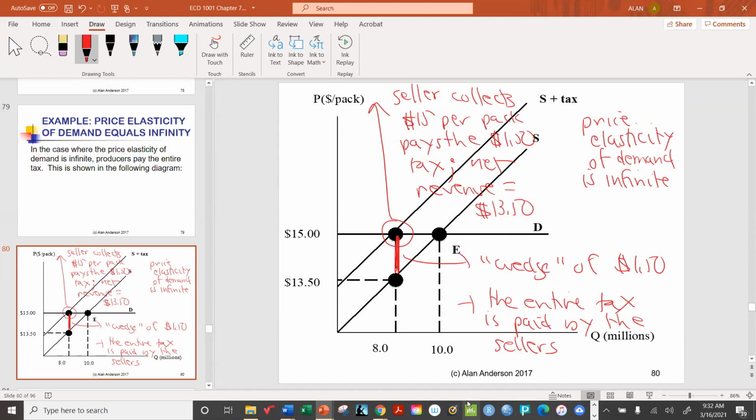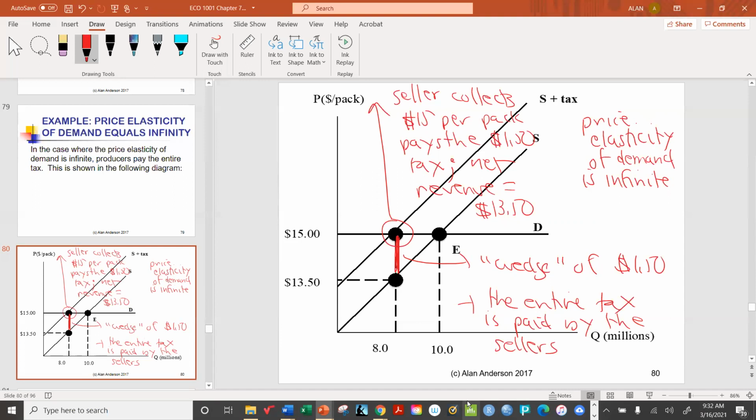So now the sellers know this, and they say, listen, it's better to have $13.50 a pack than nothing. So they will go along with this, and they will just keep the price the same, and then they'll pay the tax. They'll be upset, but they get to keep some revenues compared to losing all of them.